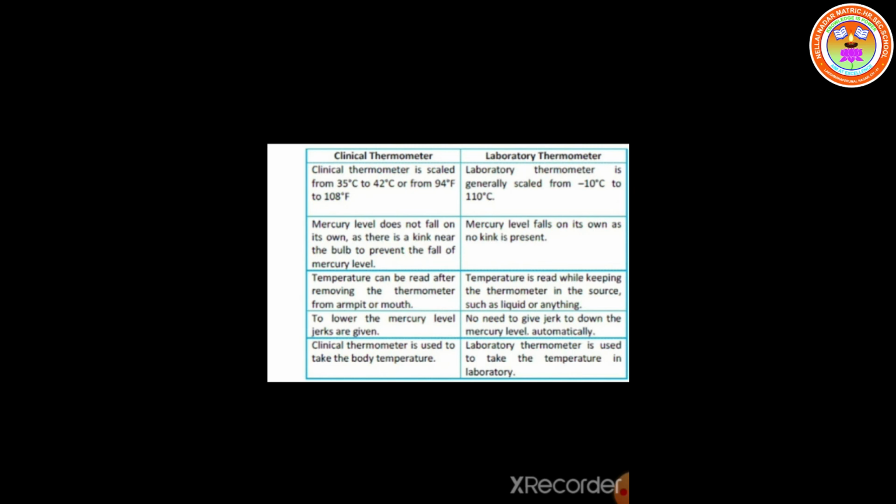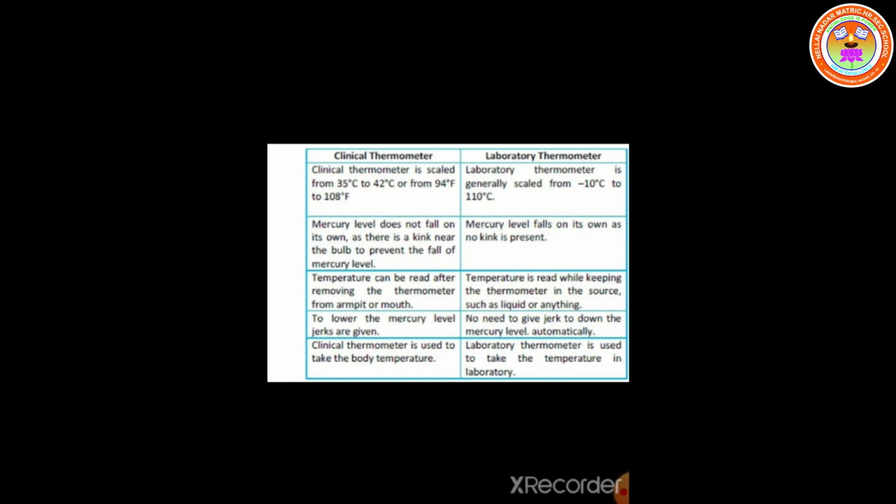Temperature can be read after removing the thermometer from the armpit or else mouth. But in laboratory, temperature is read while keeping the thermometer in the source of temperature, for example, liquid or any other thing.